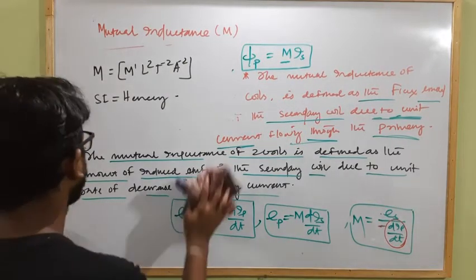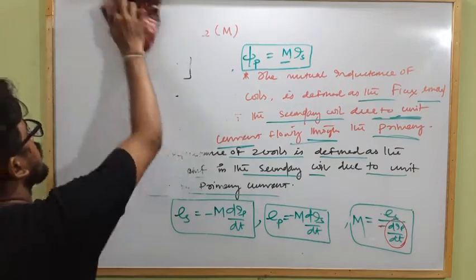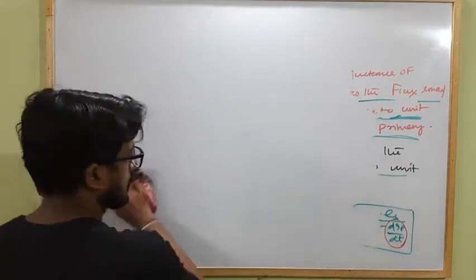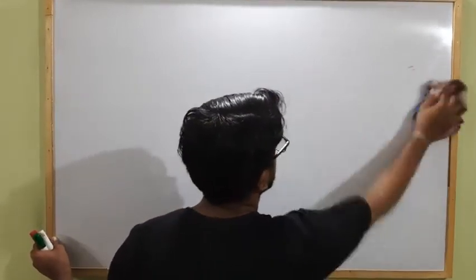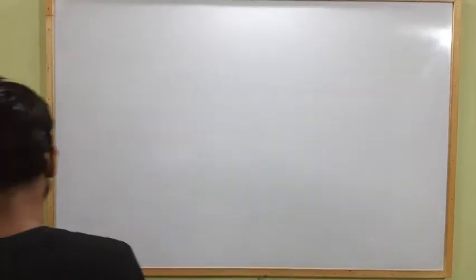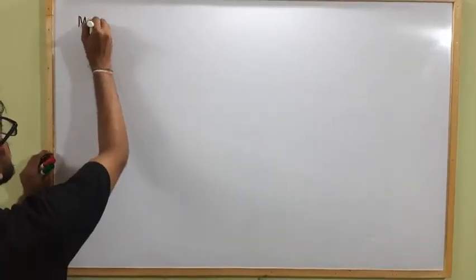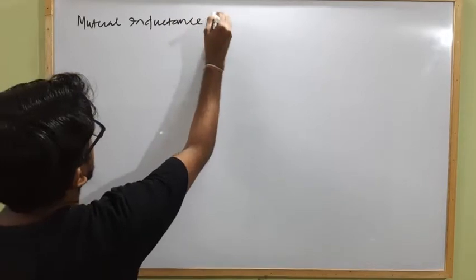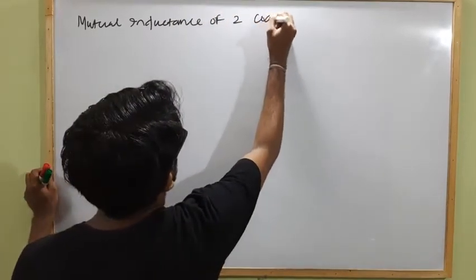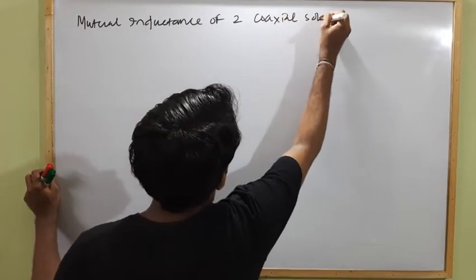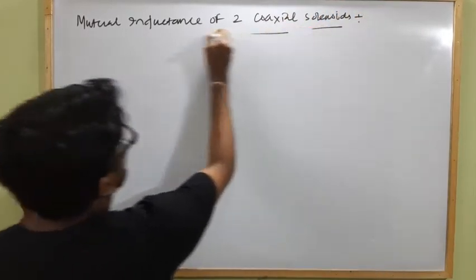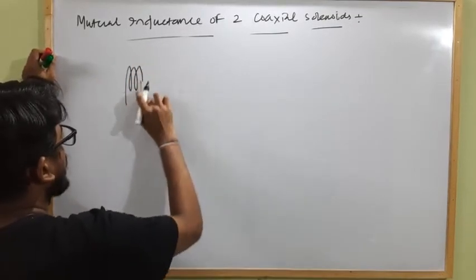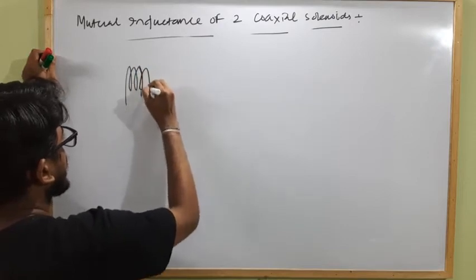So now let's discuss mutual inductance of two coaxial solenoids. Here we are considering two coaxial solenoids, that means the axis of the solenoids is common.